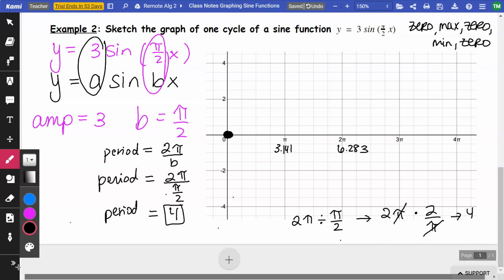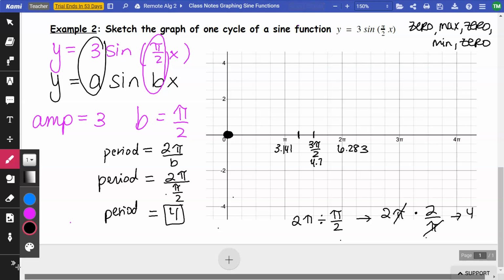Well, halfway between pi and 2 pi is 3 pi over 2, and 3 pi divided by 2 is 4.7. So it has to happen somewhere in here. So what's halfway between pi and 3 pi over 2? Well, let me figure that out. So 3 pi over 2 minus pi, divided by 2, plus pi is 3.9.